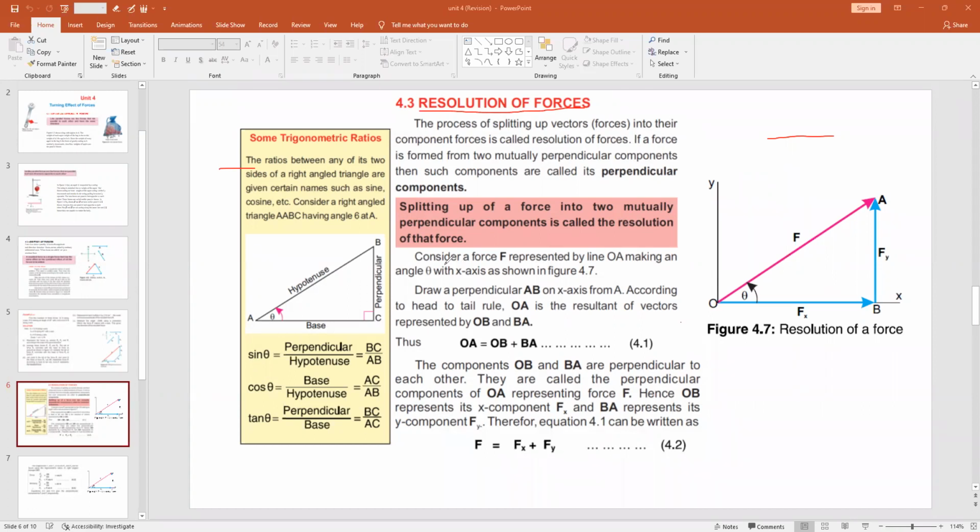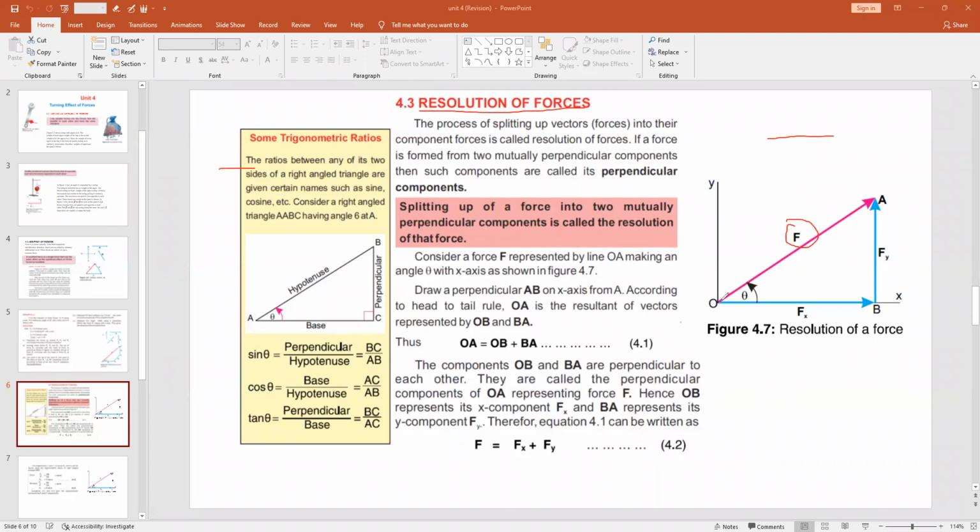First of all, we consider a force F represented by line OA making angle theta with the x-axis as shown in figure 4.b. So here the vector F is given to us, and it is making an angle with the x-axis. We name this OA. Now we have to split this vector into its perpendicular components.